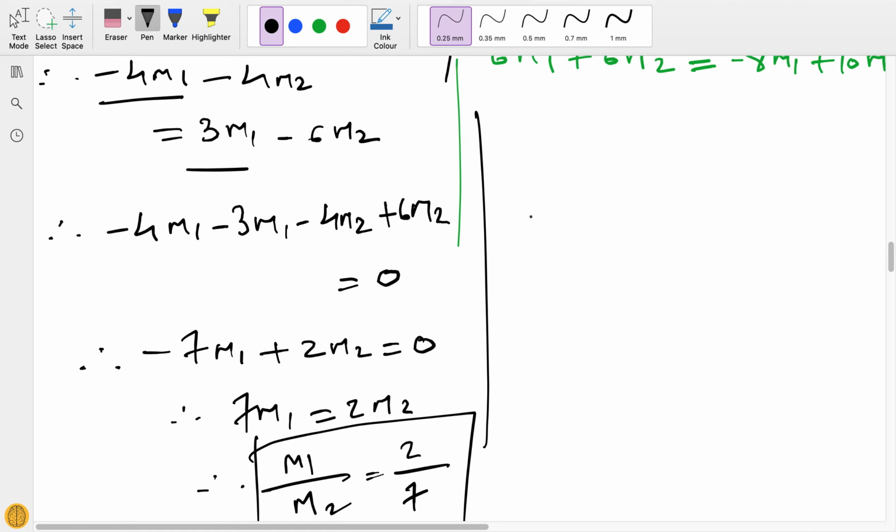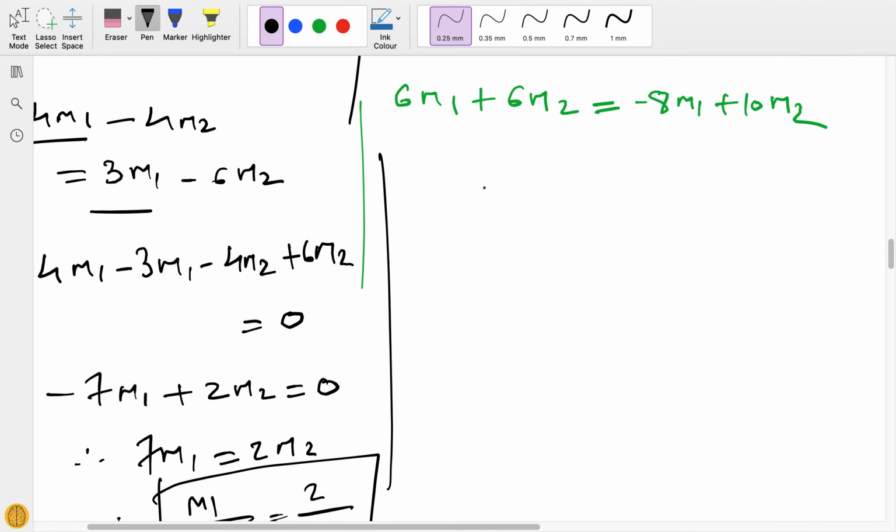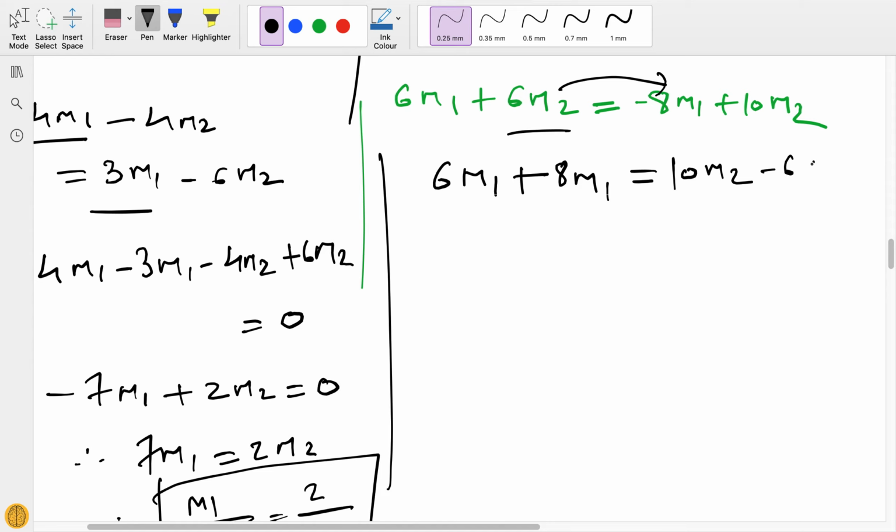Let's try to find it from the other equation too. Here 6m1, this minus 8m1 will become plus 8m1. Plus 8m1 is equal to, let's take 6m2 to the right side, 10m2 minus 6m2. This will be 6 plus 8, 14m1 is equal to 4m2.